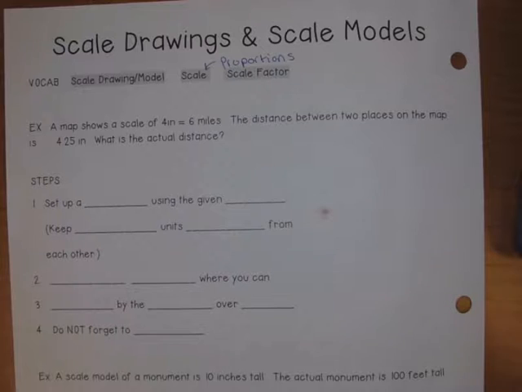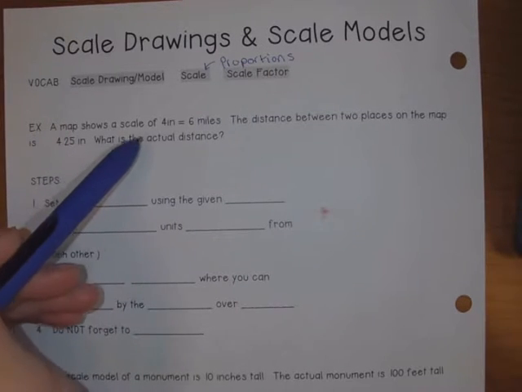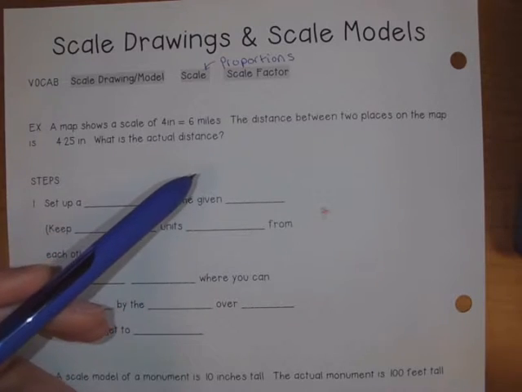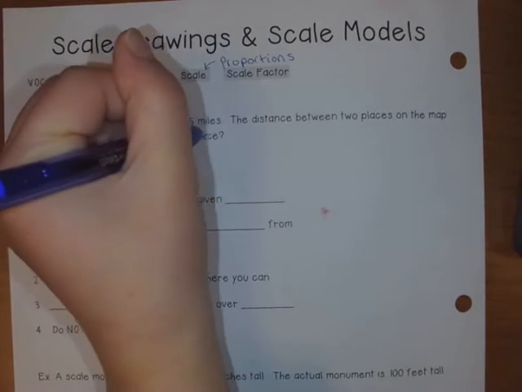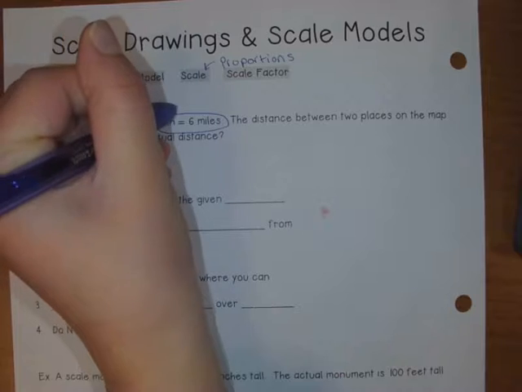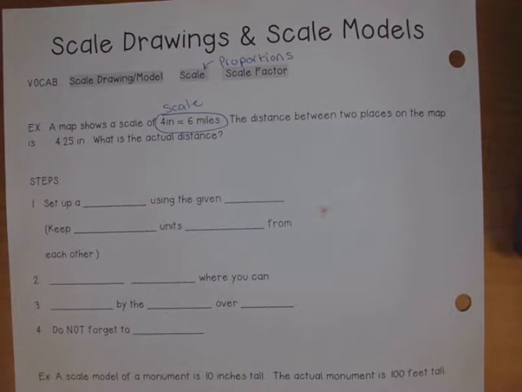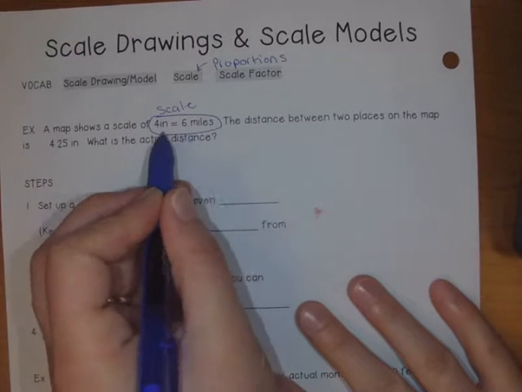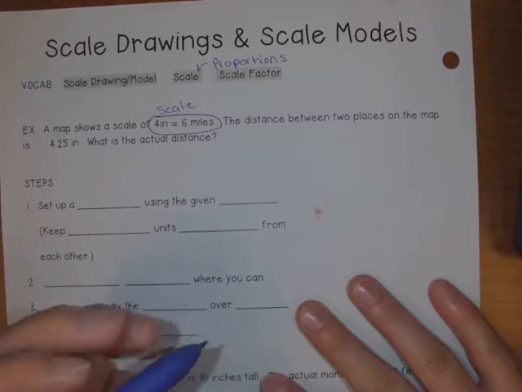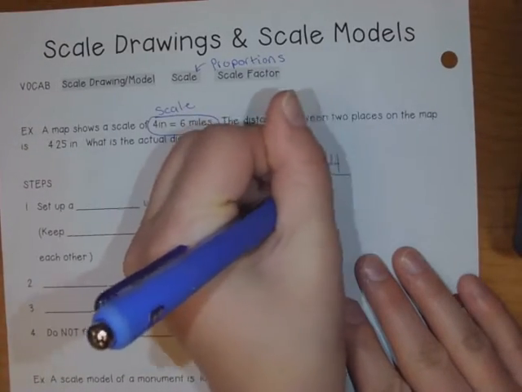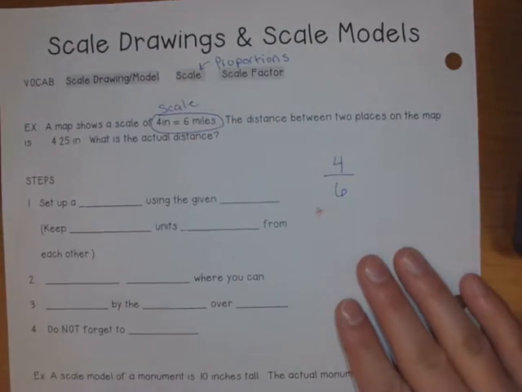Okay, the first one says a map shows a scale of 4 inches equals 6 miles. This is your scale: 4 inches equals 6 miles. If you remember, how do we write ratios? You write them as a fraction, and so you would write the scale the same: 4/6.